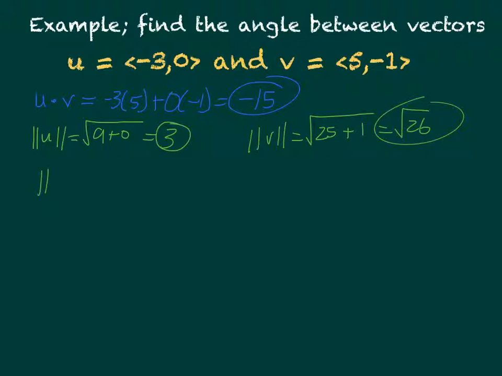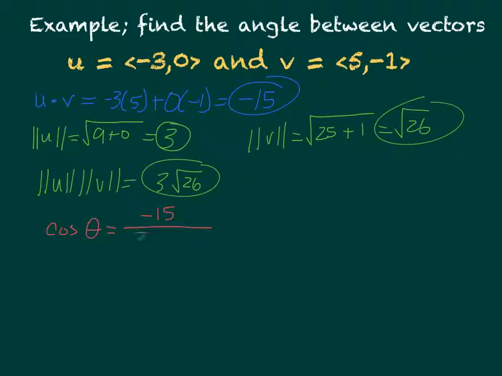So magnitude of u times the magnitude of v is equal to 3 square root of 26. So we have the cosine of theta equal to -15 over 3 square root of 26, which simplifies to -0.981 approximately.